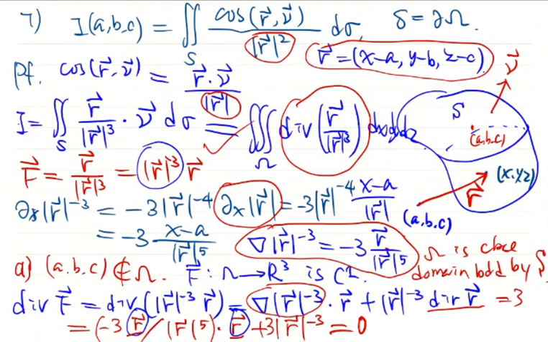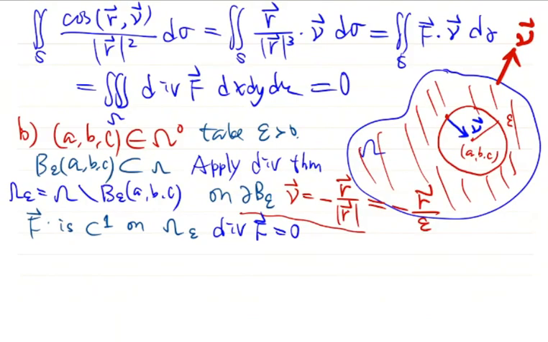We also proved before that the divergence is 0. So we obtain 0 equals the integral of the divergence of F over the domain omega epsilon.